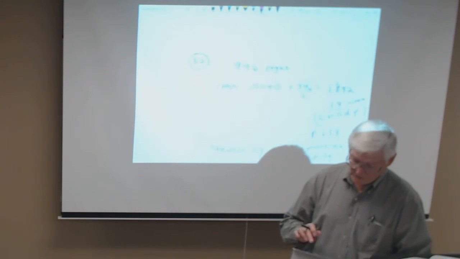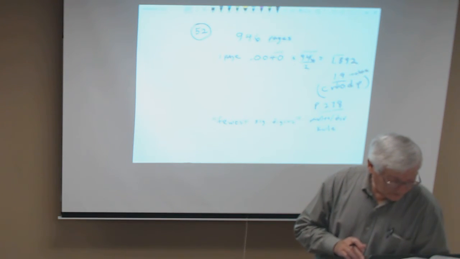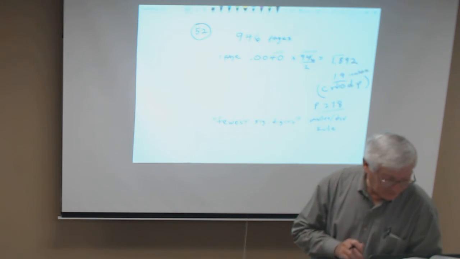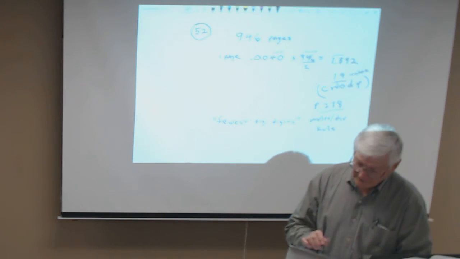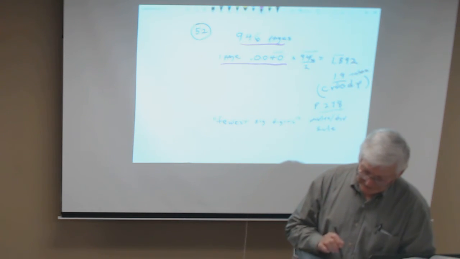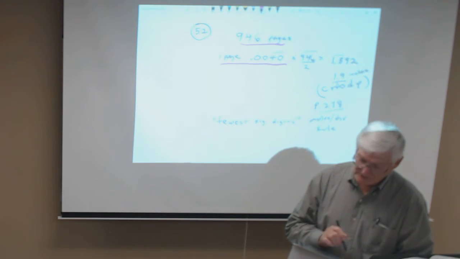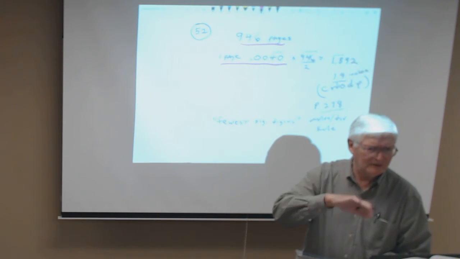Number 52. On October 17th, 1965, the New York Times contained a total of 946 pages. The thickness of a page is 0.0040. But do they print on both sides of the page?